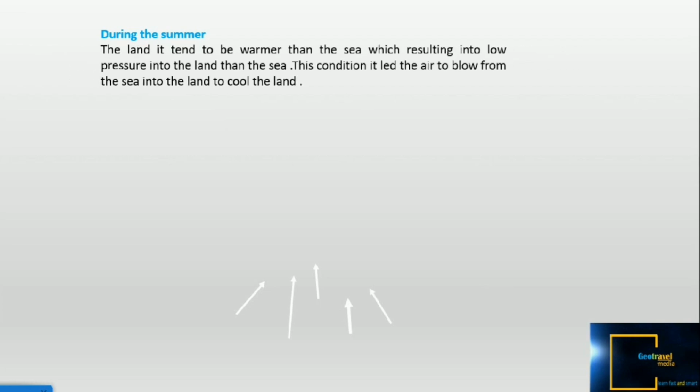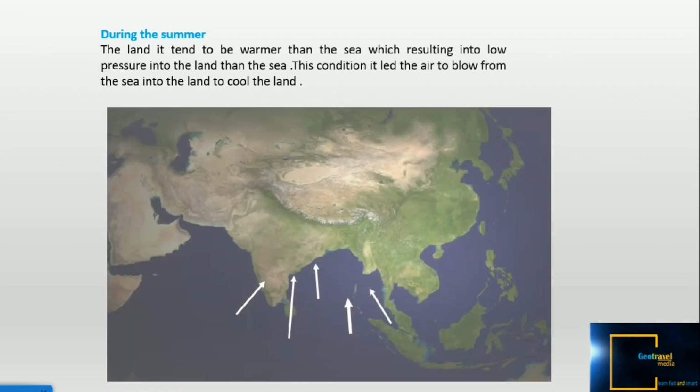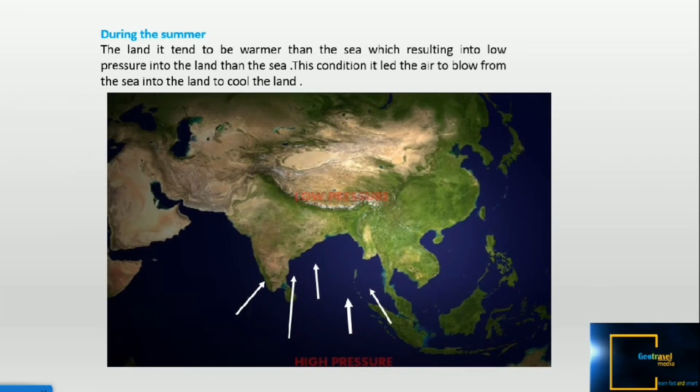Let us discuss the summer. During the summer, the land tends to be warmer than the sea, resulting in low pressure over the land and high pressure over the sea. This condition leads to air blowing from the sea onto the land to cool the land.